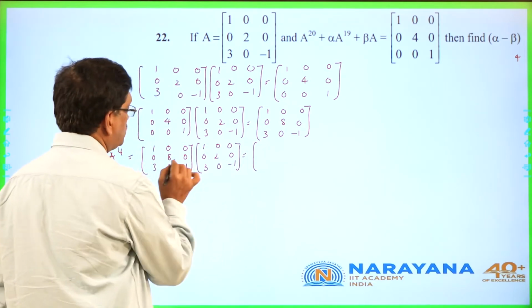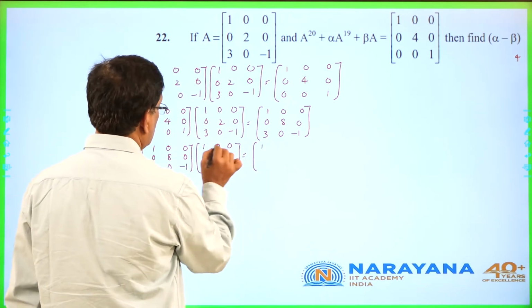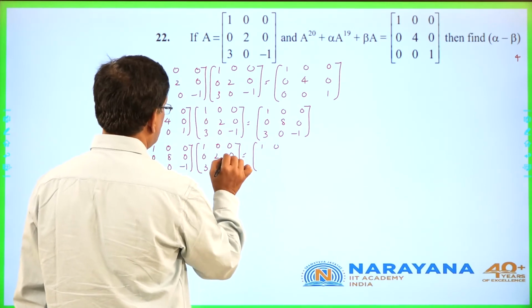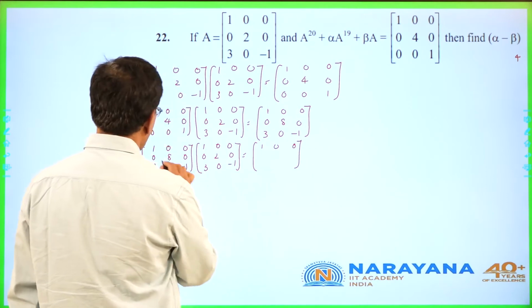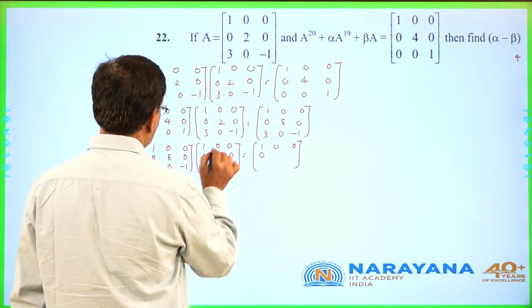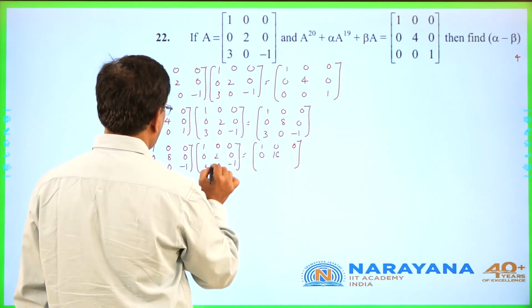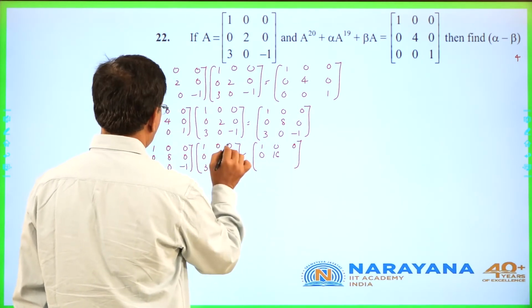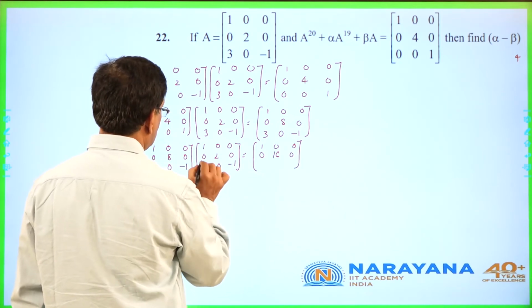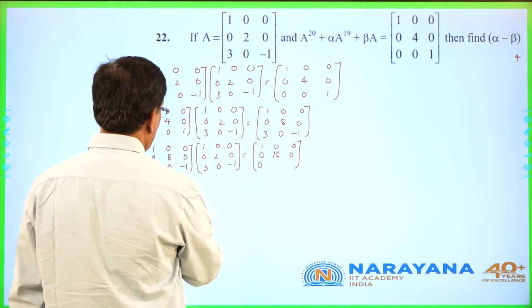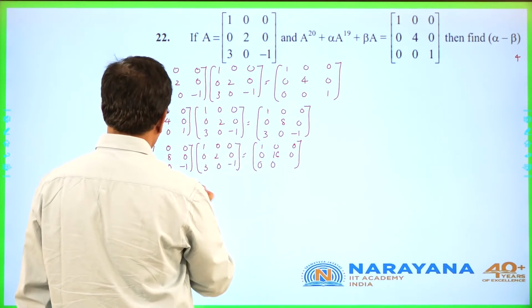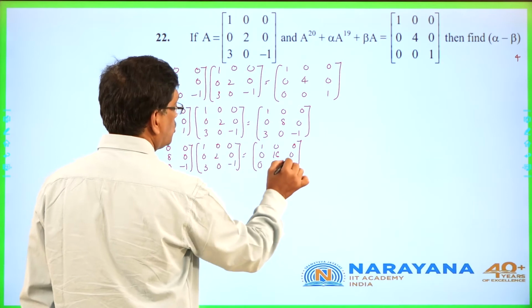It is 1, 0, 0, 0, 16, 0, next 0, 0, 0, next 3, 0, minus 3, next 3, 0, 0, 0, next 0, 0, 1.